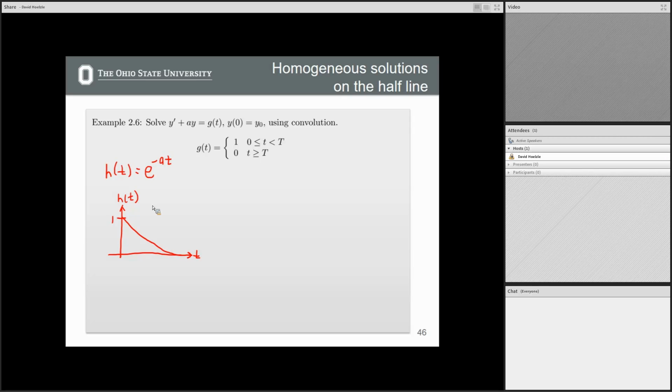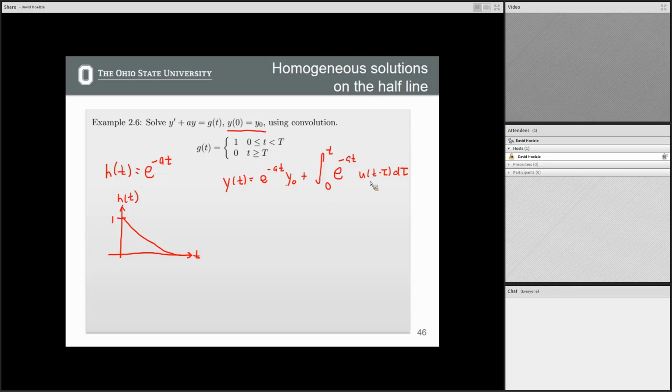If I want to know then the solution here, I may have two components. y of t is going to be e to the negative at times y0, plus then the convolution integral here.